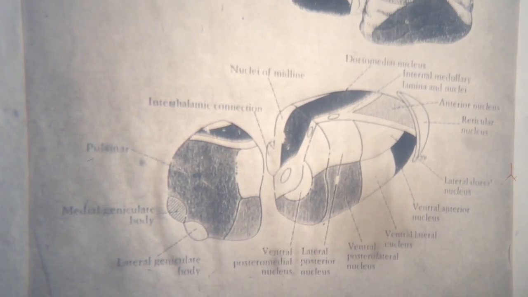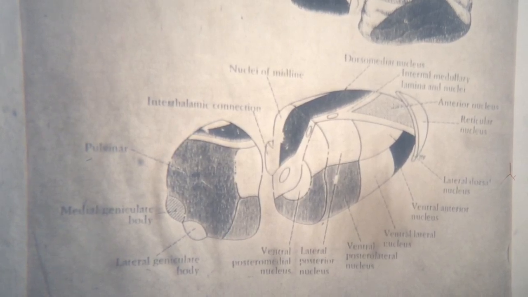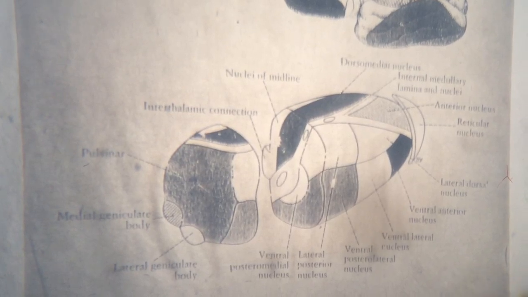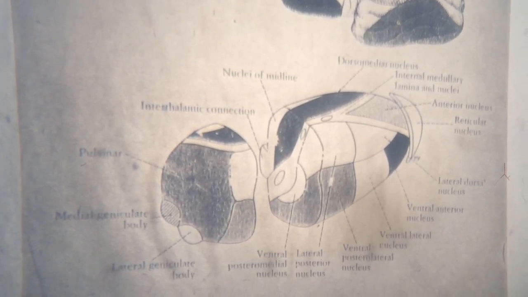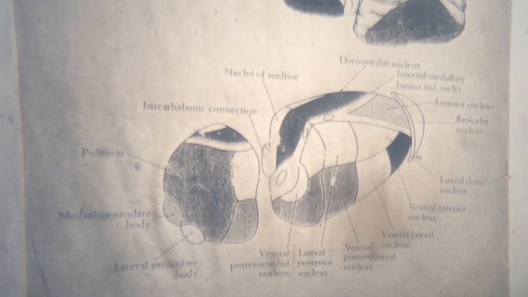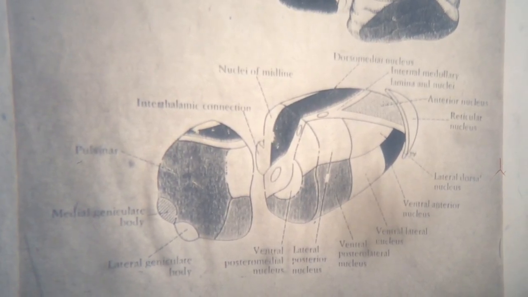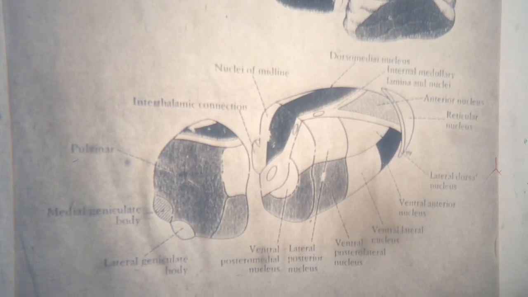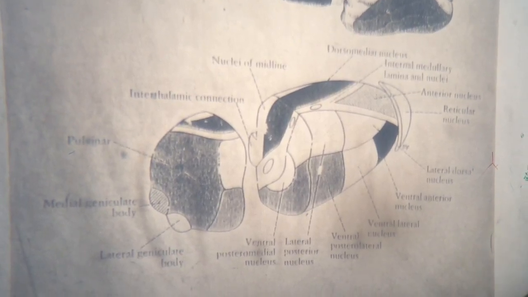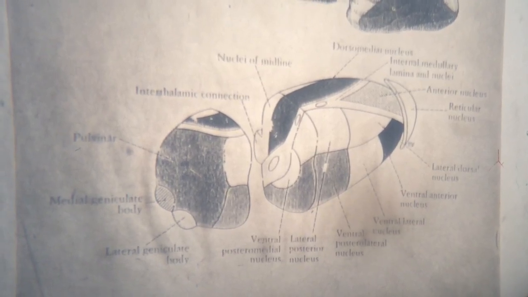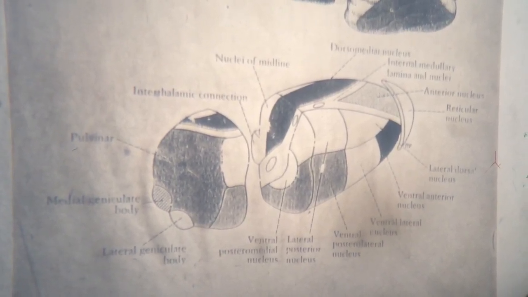The lateral part is VPL, the ventral posterolateral nucleus, and VPM, the other part, is the ventral posteromedial nucleus.